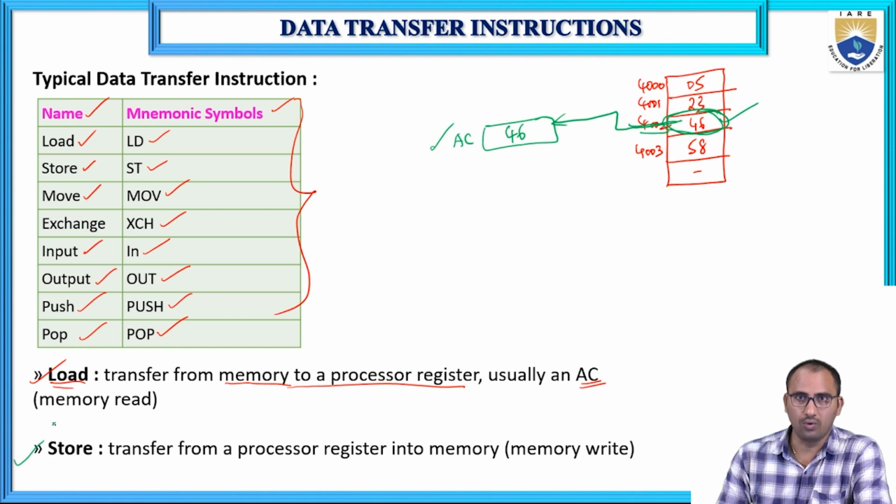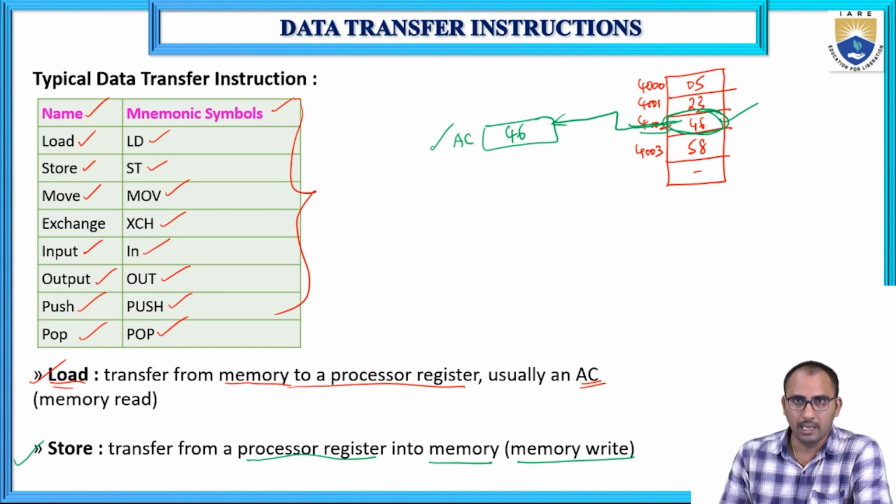Second one, store. Store is the opposite operation to the load. In the load instruction, we copied the data from memory to the register, but here it is opposite, from the register to the memory. Using the store, it transfers data from the processor register into memory. This is called memory write, where we are inserting new data into the memory.